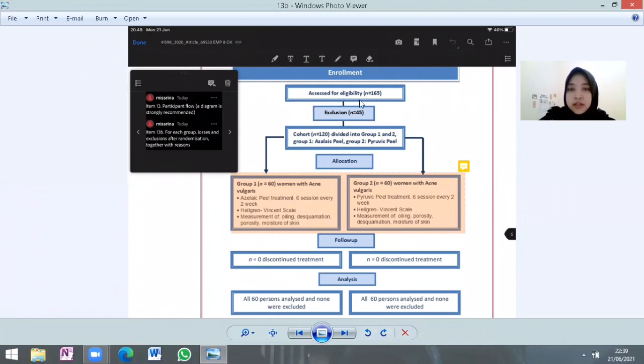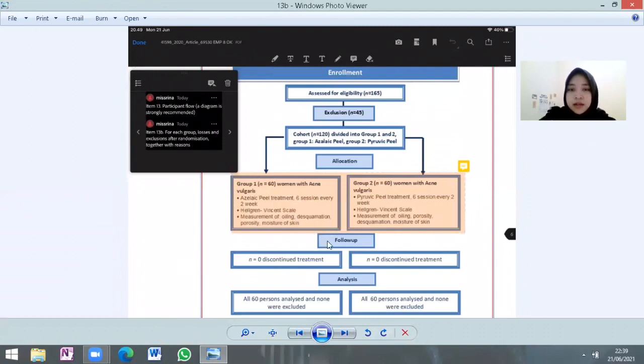So firstly, there are 165 participants and the exclusion is 45. So the cohort is 120, and they are divided into group 1 for azelaic pill and group 2 for pyruvic pill. Each group contains 60 participants.